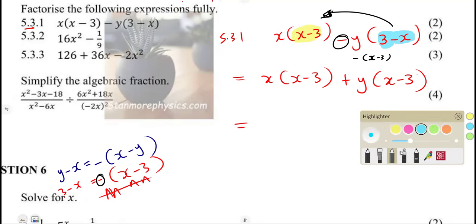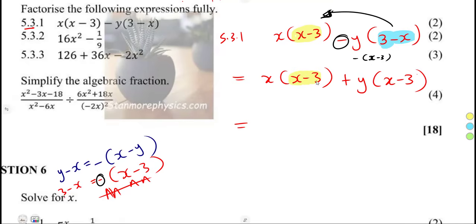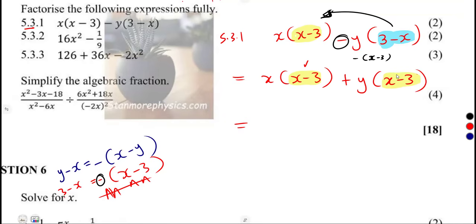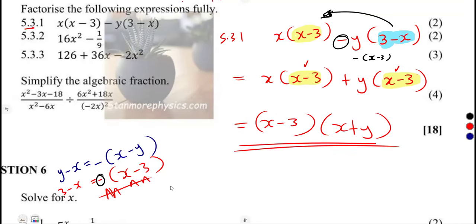Now the two brackets are common, they are the same, not before. When it is like this, I can factor out the common bracket of x minus 3, remaining with x here and here, and remaining with plus y in another bracket. That is the concept. So this is what you're going to have. You're done.